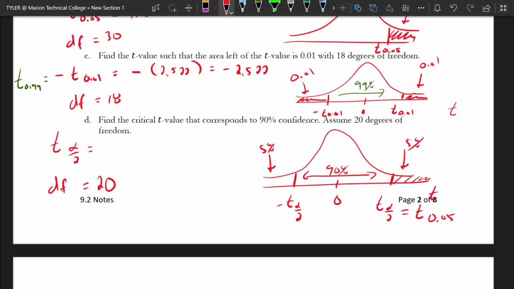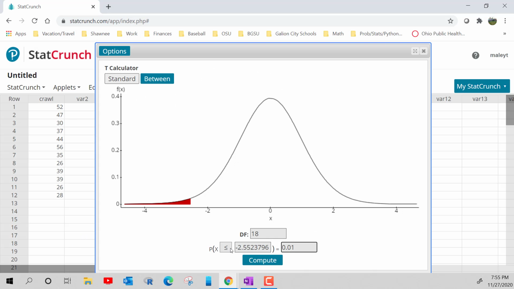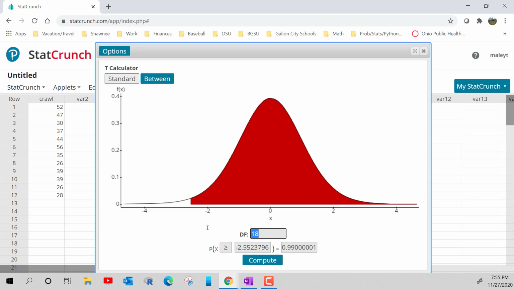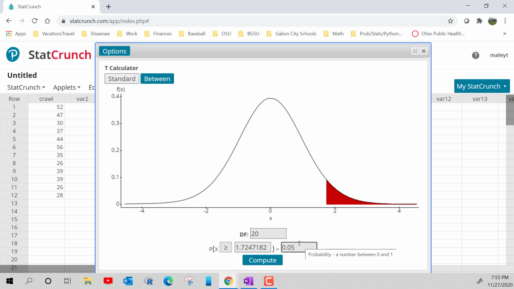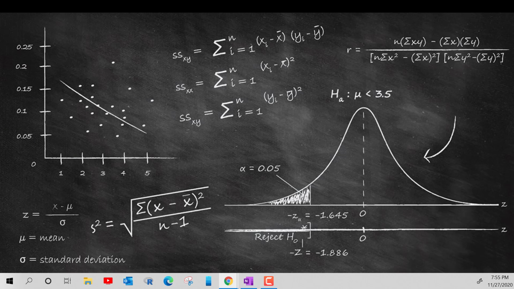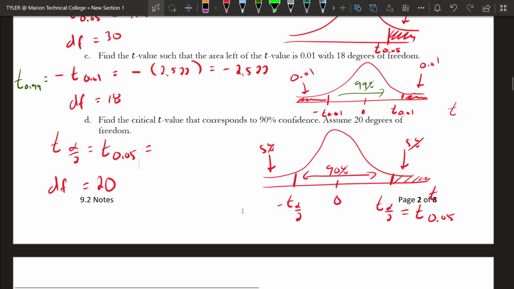So I can find that using StatCrunch. My degrees of freedom was 20. I want the area to be 0.05 to the right. So we get 1.725, rounded to 3 decimal places.